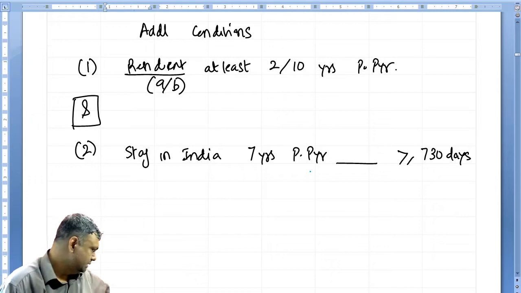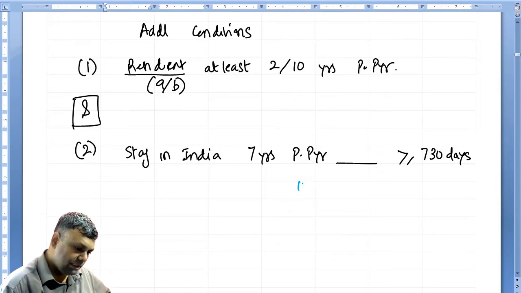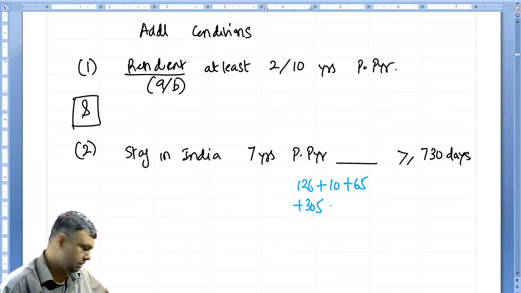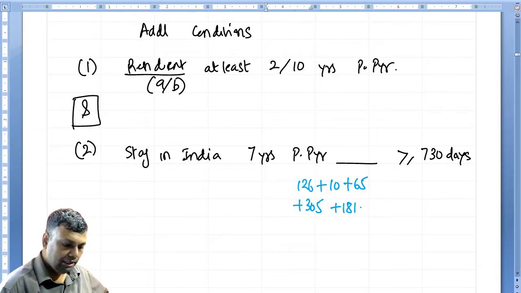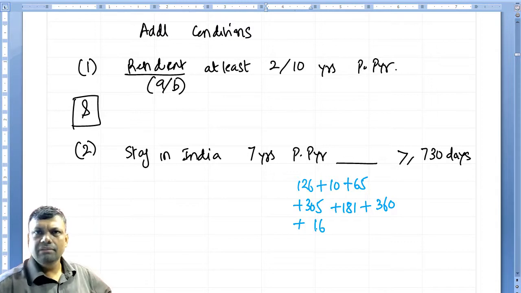So 7 years total is 126 days plus 10 days plus 65 days plus 305 days plus 181 days plus 360 days and plus 16 days. 7 years back. Okay, so that particular test is already satisfied.